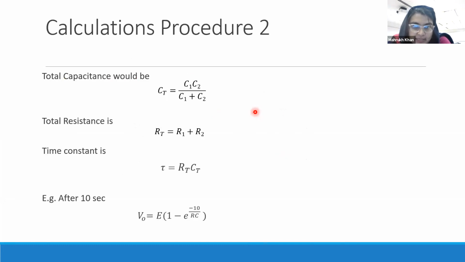So in this procedure, your equivalent capacitance should be like this, and your total resistance RT is equal to R1 plus R2. You again calculate tau, and you will do V naught is equal to E times 1 minus E to the power minus 10 by RC. And similarly, you will fill the table.